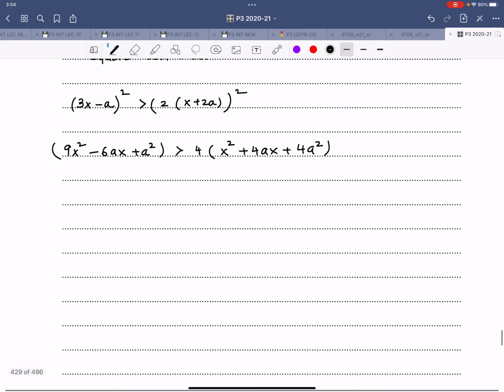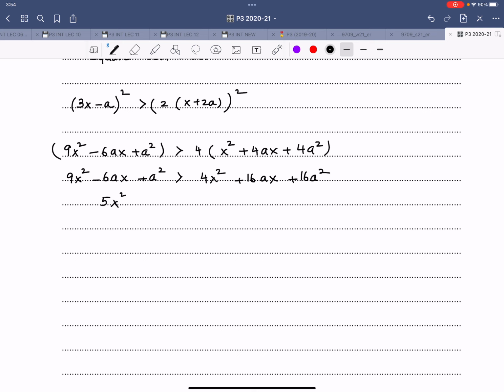Multiply it with 4, that is 4x squared plus 16ax plus 16a squared. This is 9x squared minus 6ax plus a squared. 9 minus 4 is 5x squared. Minus 6 minus 16 is minus 22ax. a squared minus 16 a squared, that is minus 15a squared, is greater than 0. That's the quadratic inequality you get.